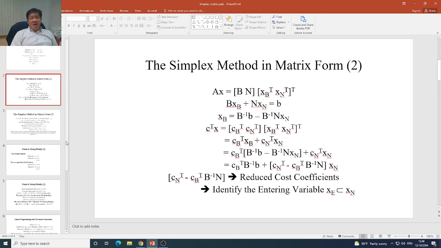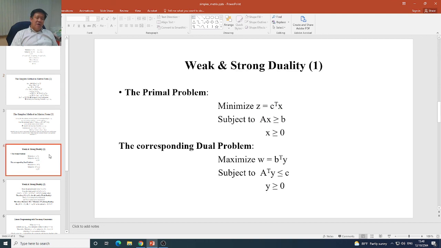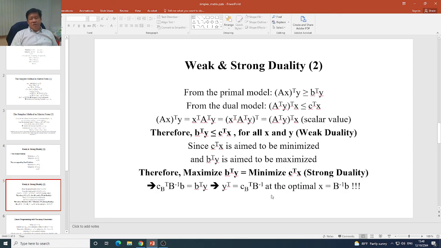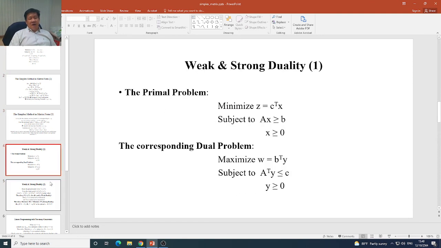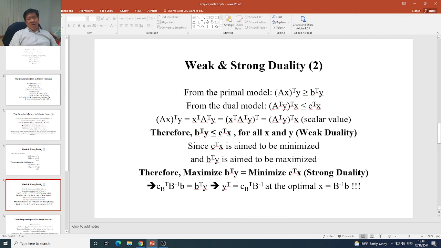But nowadays, with the advancement of computing facilities, we are able to solve the simplex algorithm very efficiently using current hardware technologies. That's about the review of the simplex method and weak and strong duality in matrix form.